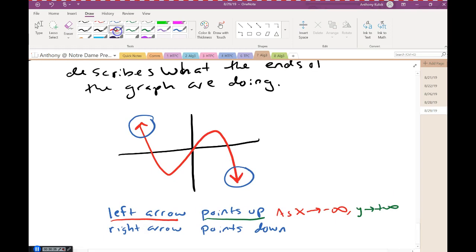Why do we say that? Well, going to the left along the x-axis is the left and right. If we go left, that's towards negative infinity. Up and down is the y-axis. If we're going up, we're going to positive infinity. Does that make sense?